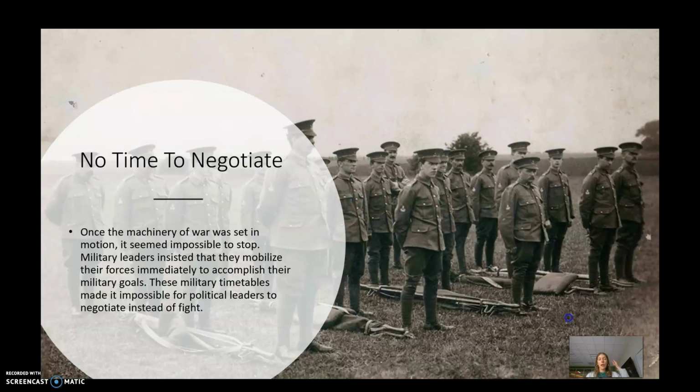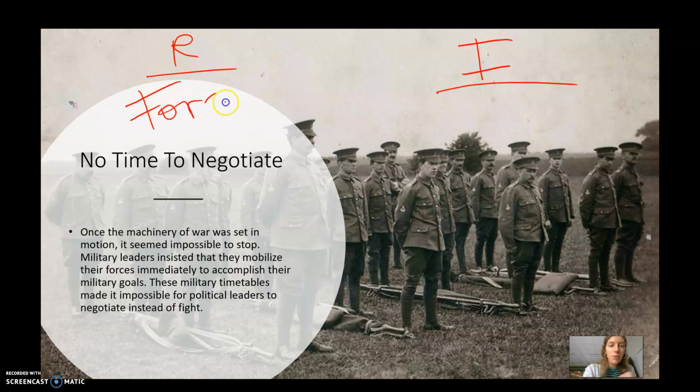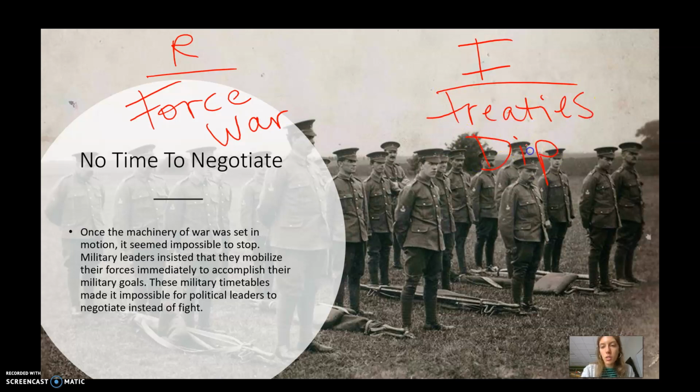So, there was no time to negotiate. Remember when we talked about two different ways of resolving a problem? We talked about realism and we talked about idealism. Realism is the idea of brute force or war. Idealism was like treaties, talking it out, diplomacy. So I'll just put diplomacy, right?